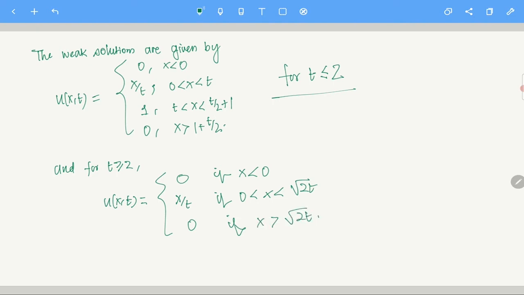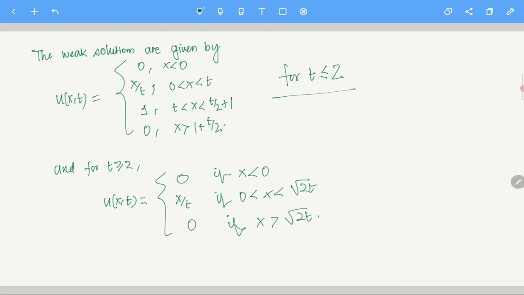This is the weak solution which we get. Of course, it is a weak solution because it satisfies the Rankine-Hugoniot condition, since we have derived it using those things. You can also check that the entropy condition is going to be satisfied.